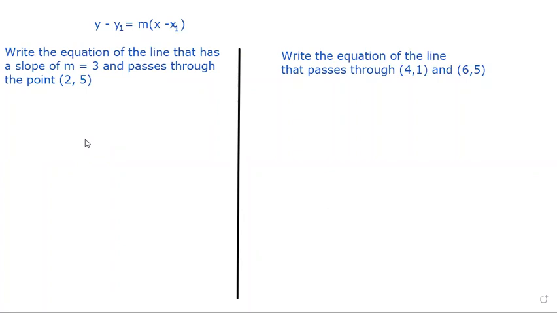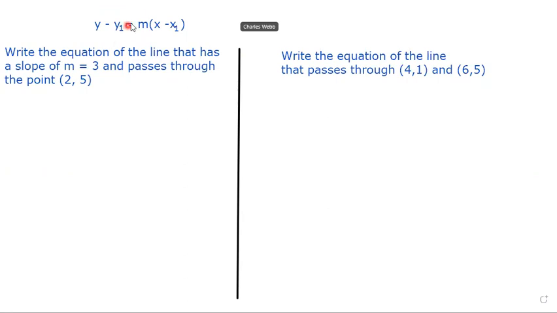Okay, we want to use the point slope form to find the equation of a line. Now we get our point slope formula, which is y minus y sub 1 is equal to m times x minus x sub 1.